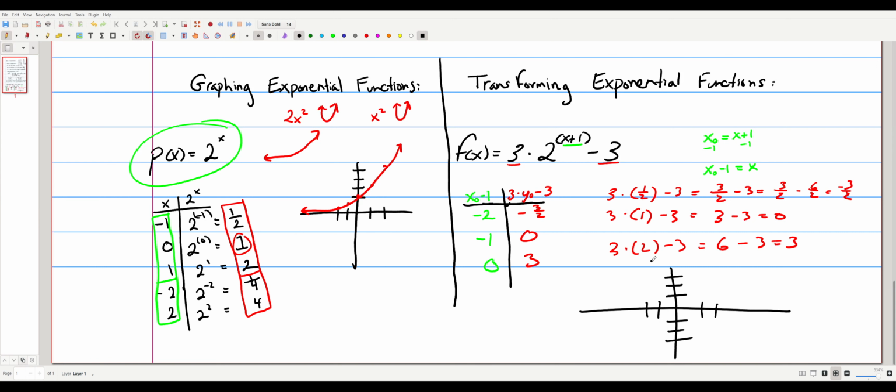And so, do this one in magenta. -2, right? Applying this first point here, -2 comma -3/2. Point's going to be right here. -1 comma 0, that point's going to be right here. And 0 comma 3. So x is 0, y is 3. That's going to be this point.